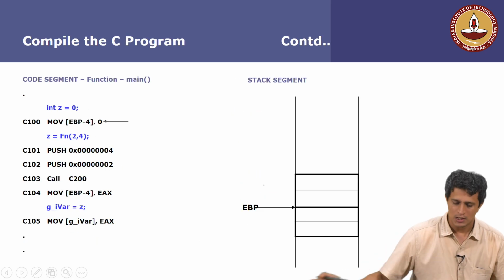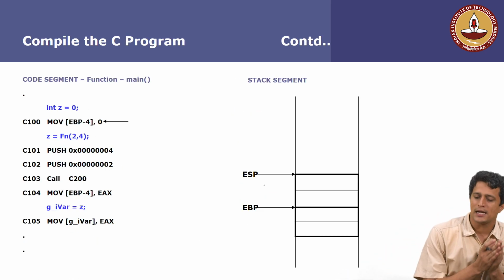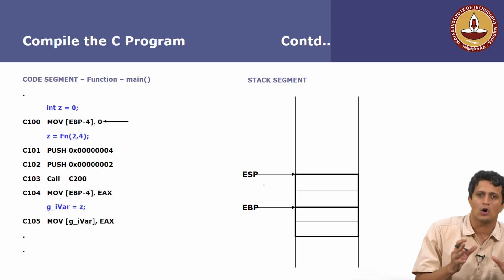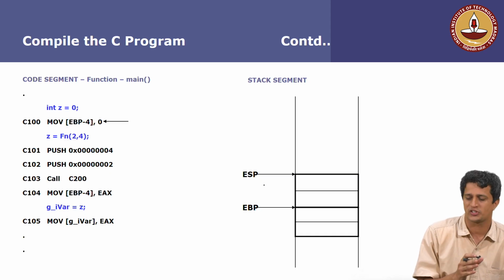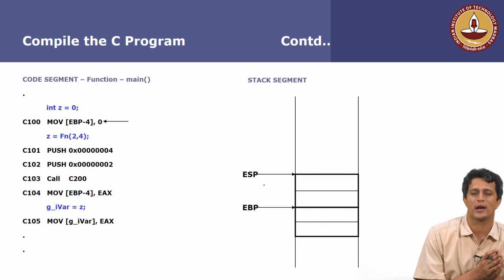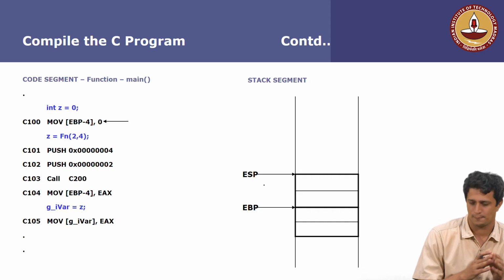Okay. So, now let us go ahead and look at an animation where we look at all the segments, the code segment, the stack segment, the data segment all at once to see how this function is going to get executed in memory.